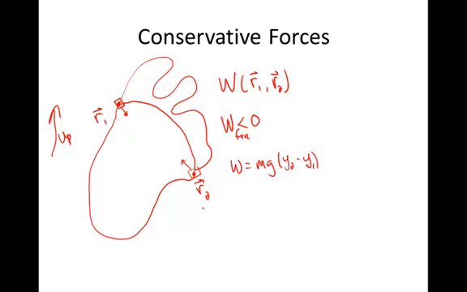If we do the reverse, if we start at this point and we go back, the work is equal to mg(y1 - y2). So the work done only depends on these two positions. It doesn't depend on the path we take.